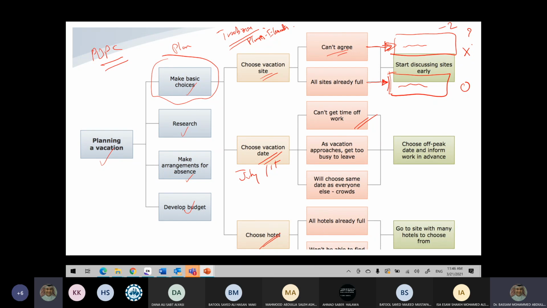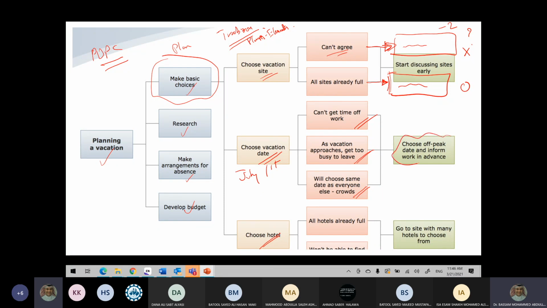And talking about vacation approaches, get too busy to leave. And this is another problem that could happen. And another problem that you could face when you select your vacation date, you also select a date that everyone wants to go. So these are all possible problems that could happen.